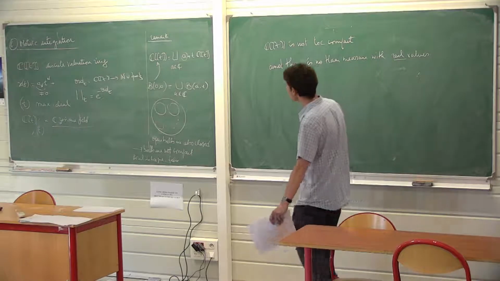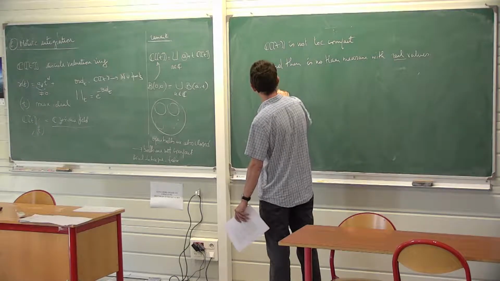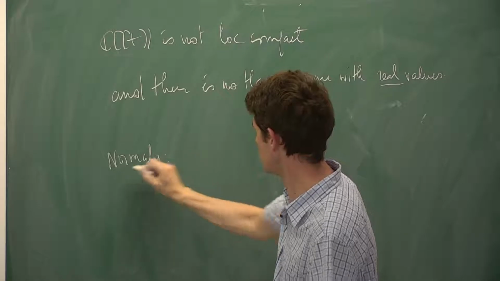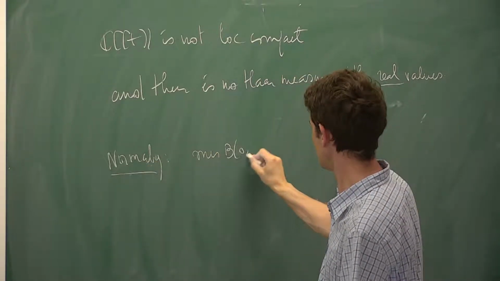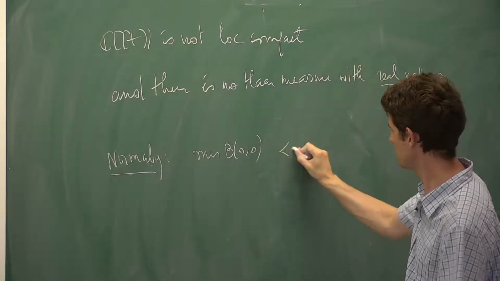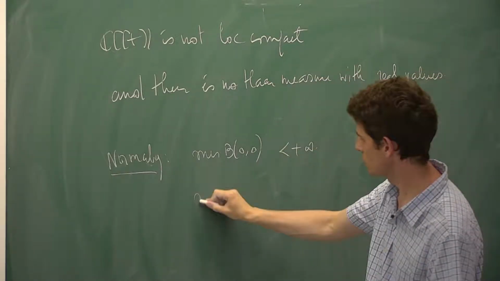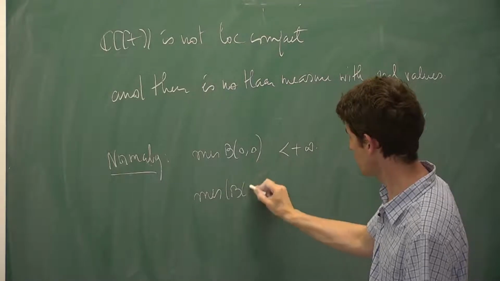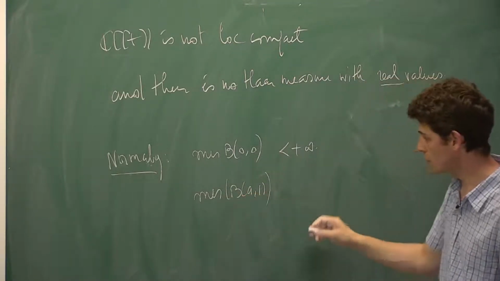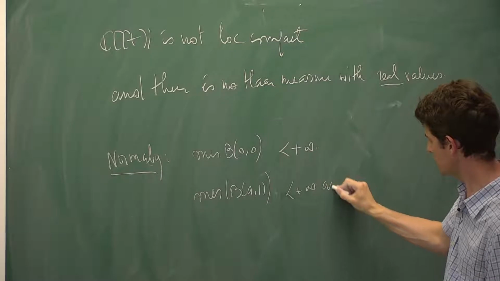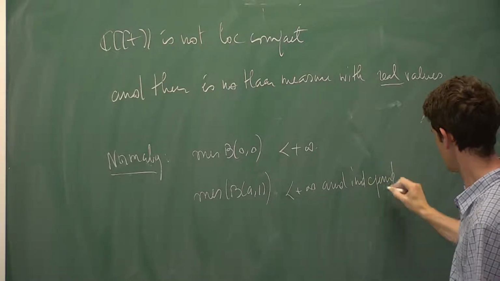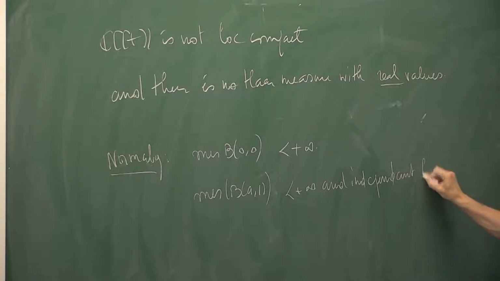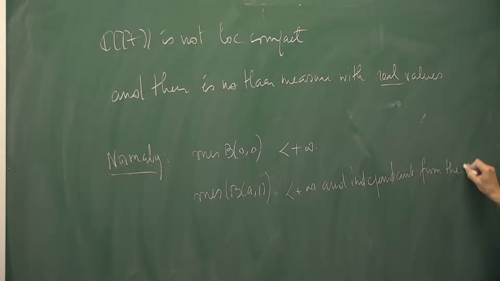Indeed, normally you want to have the measure of a ball to be finite, and also you want to have the measure of that ball finite and independent from the center a. So this is invariance by translation.